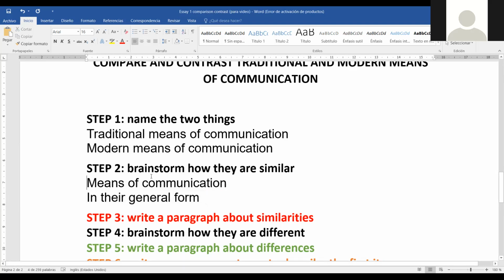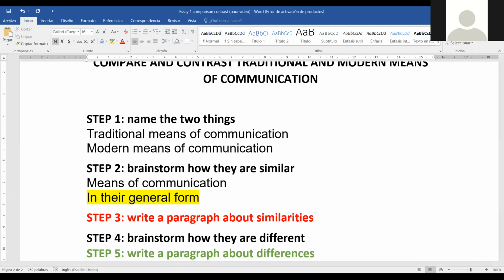Because in this brainstorm process, you can have as many ideas, but then you have to choose which one you think is the most important, or not necessarily the most important, or the thing that will show people that you are the expert. That is not the idea. The idea is something that you can write about, that you have information about. So I chose that they are similar in their general form.